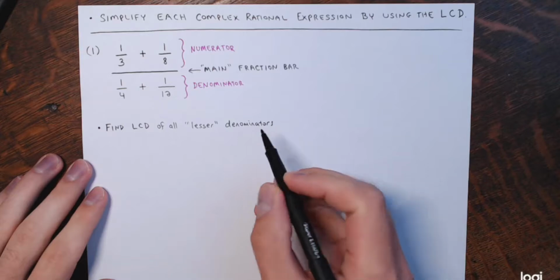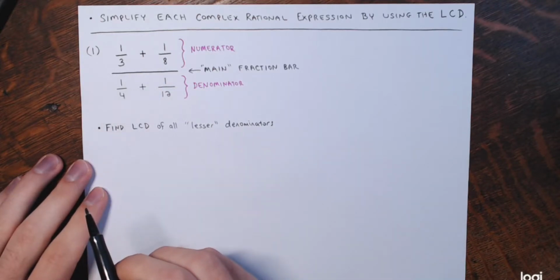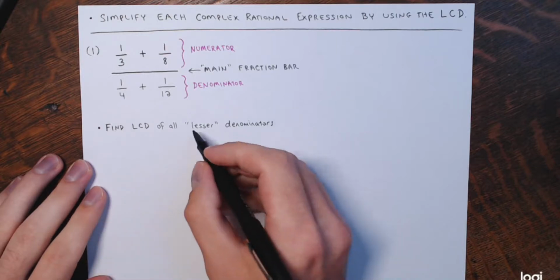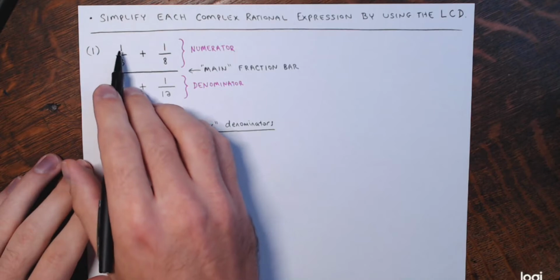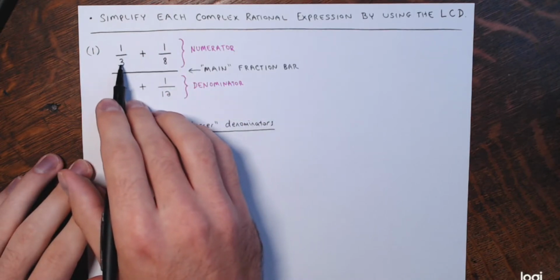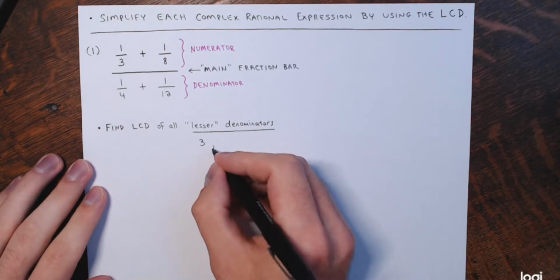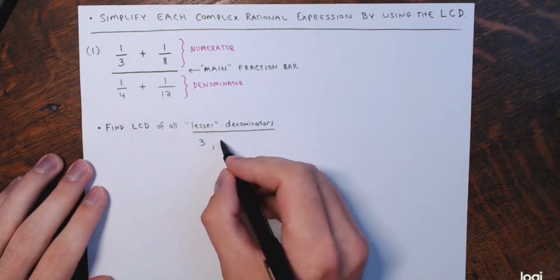Right, all the denominators of the fractions within the fraction. So, the lesser denominators in this example: in the numerator, you have 1/3, which has a denominator of 3, plus 1/8, which has a denominator of 8.